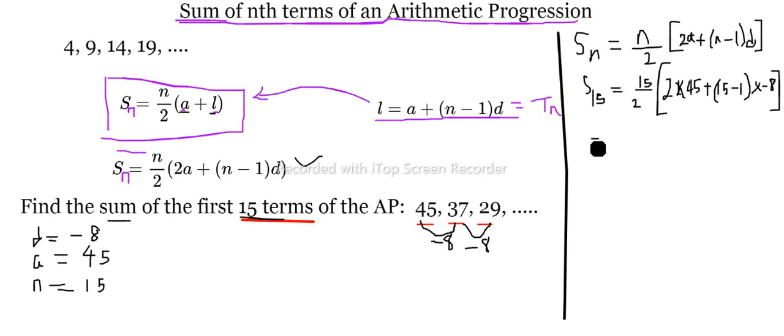Doing this, 15 divided by 2 is 7.5. Then 2 times 45 gives us 90, plus 14 times minus 8.